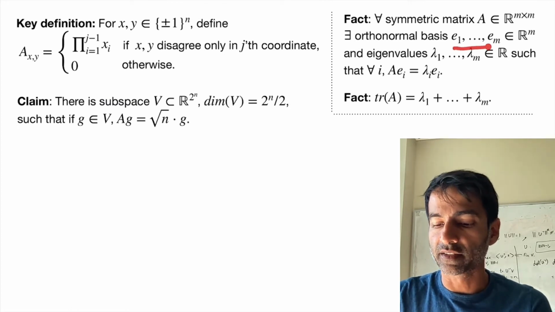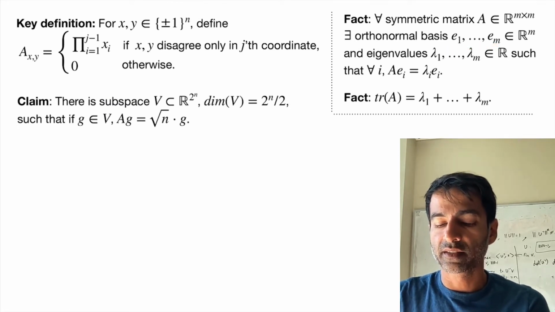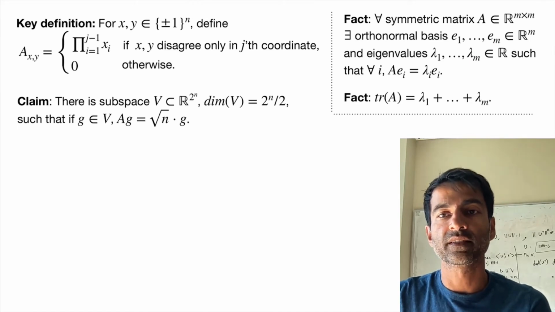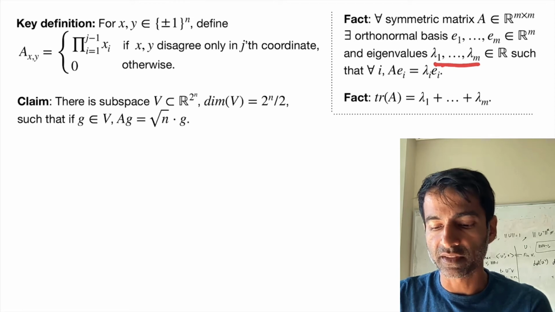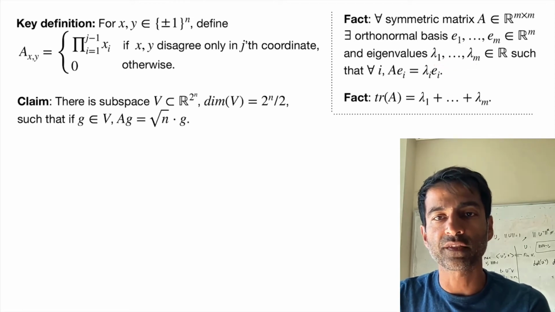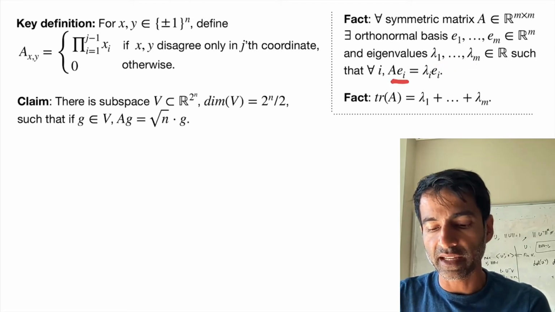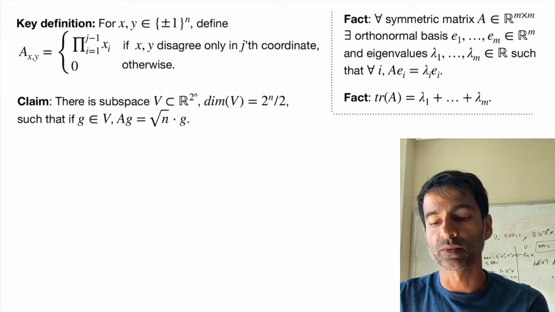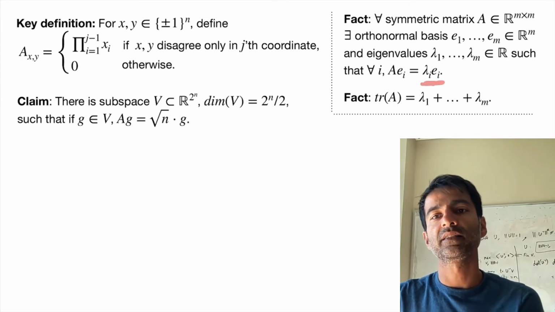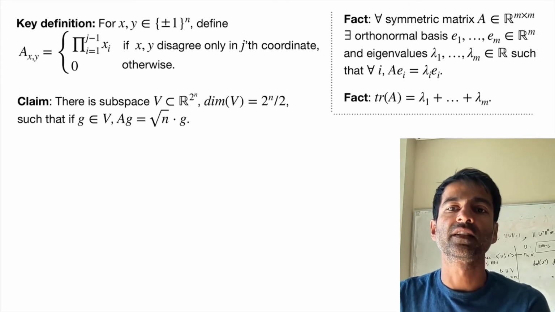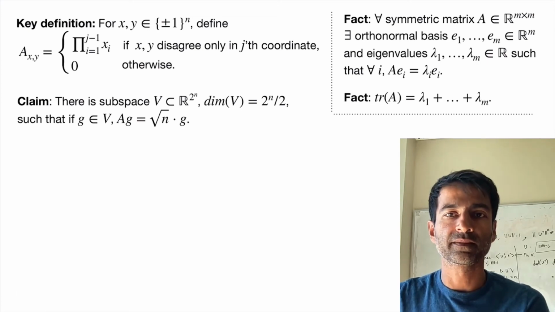Namely, there are m orthonormal vectors e_1 through e_m, and m numbers lambda_1 through lambda_m, such that for every i, A times e_i is equal to lambda_i times e_i.